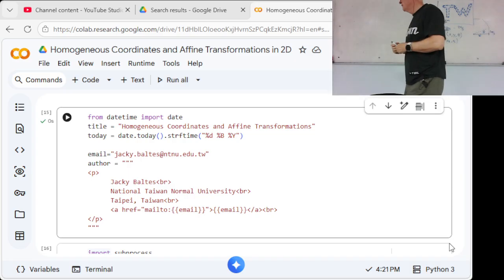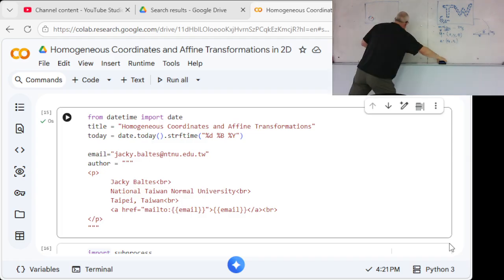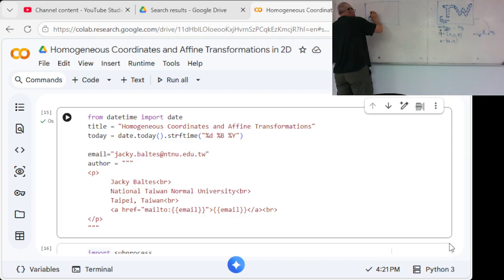So a very simple simulation of our differential drive robot. We assume it's a circle. We want to draw it as a circle with two wheels. Actually, here we just need that orientation, and you don't need to draw an arrow.